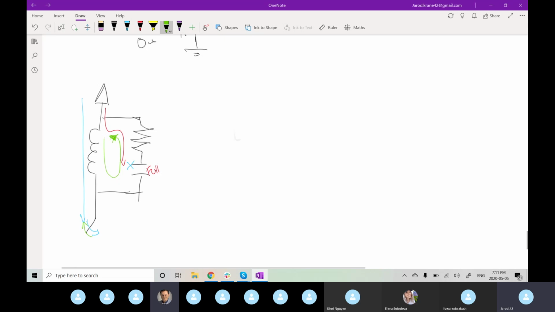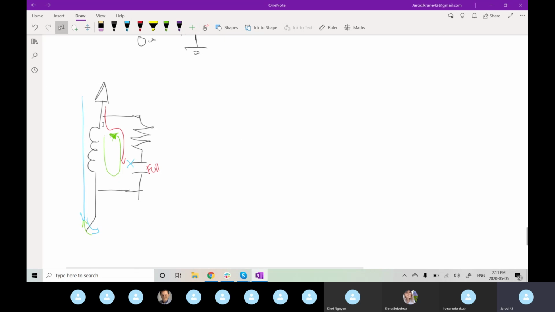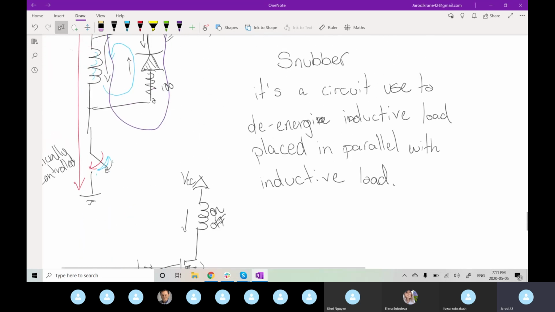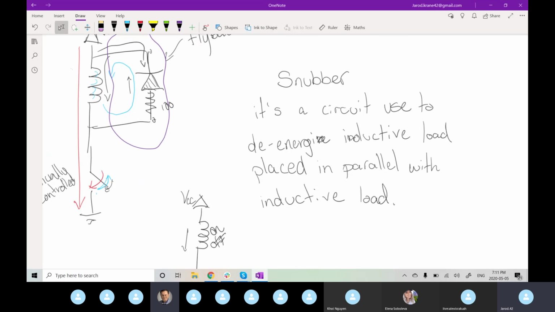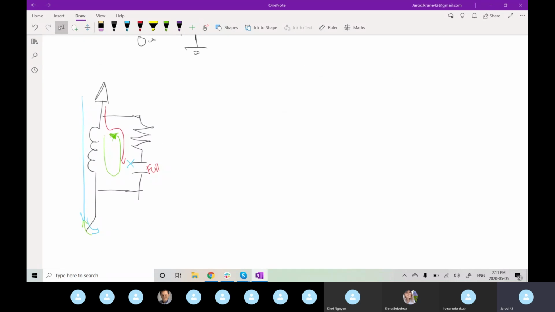I'm not 100% familiar with an RC snubber, because in most applications, I've seen it as just a diode or resistor diode. But this is one other application using an RC.